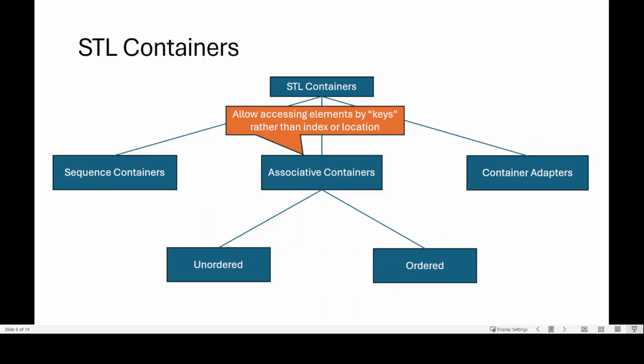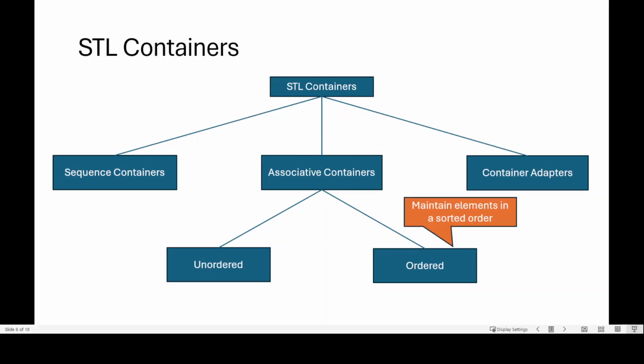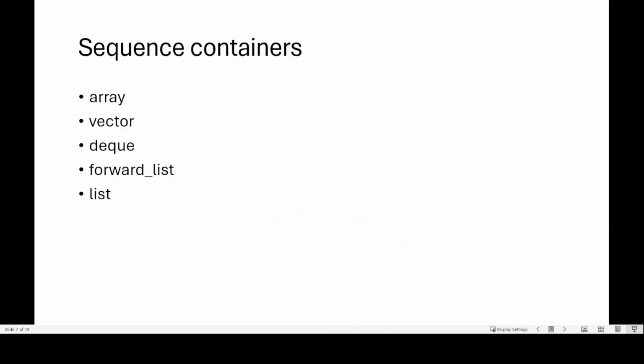And as far as associative containers are concerned, these allow accessing elements by keys rather than the index or the location of the element. The ordered associative containers maintain the elements in a sorted order. So if you want the elements to be available in ascending or descending order, this is very, very useful. But if that order is not important to you, then you can certainly use the unordered associative containers.